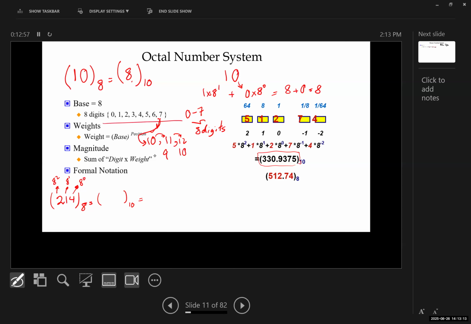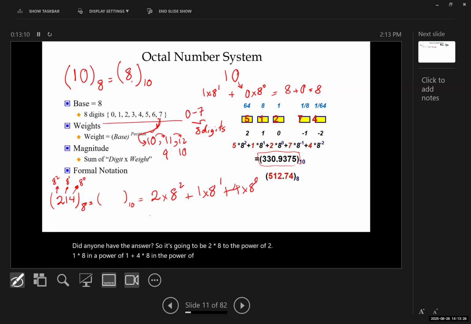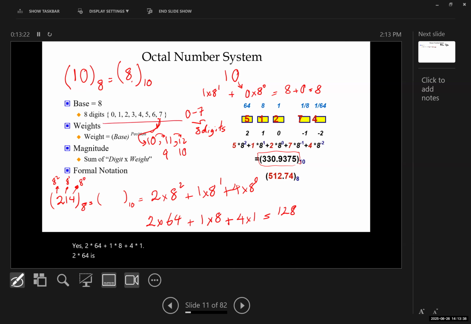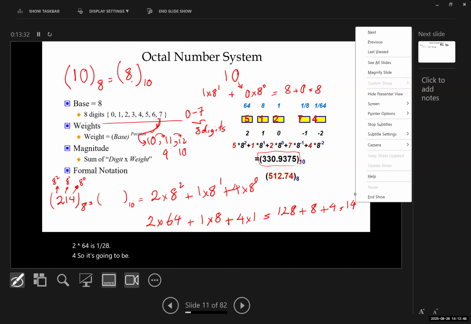What is the answer? Did anyone have the answer? So it's going to be 2 times 8 to the power of 2 plus 1 times 8 to the power of 1 plus 4 times 8 to the power of 0. Yes, 2 times 64 plus 1 times 8 plus 4 times 1. 2 times 64 is 128 plus 8 plus 4, so it's going to be 140.